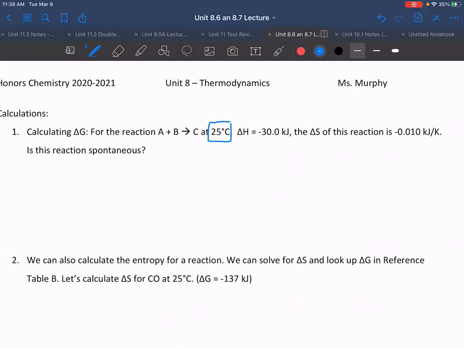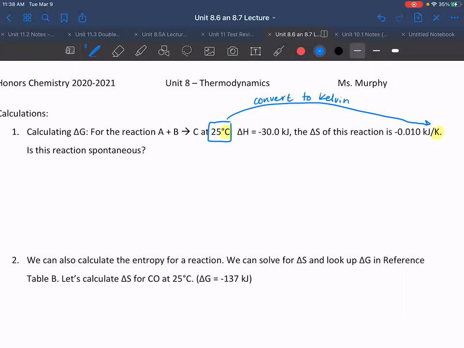And so one thing, if we look at units, what do we notice about our entropy term? It's in Kelvin. So we need to make sure to always convert to Kelvin. So I just wanted to make that note here.